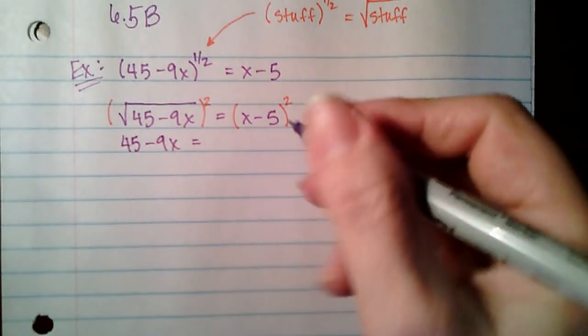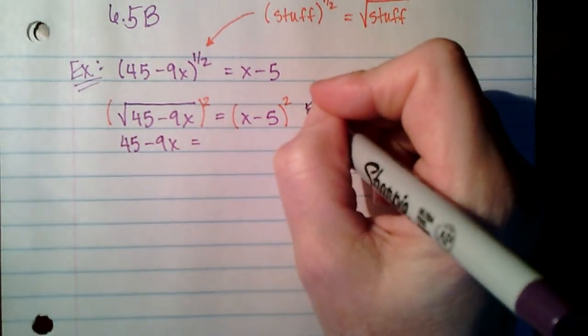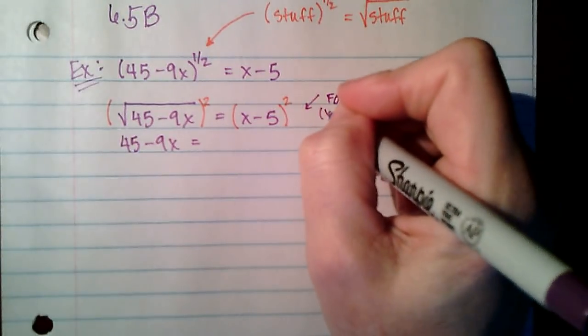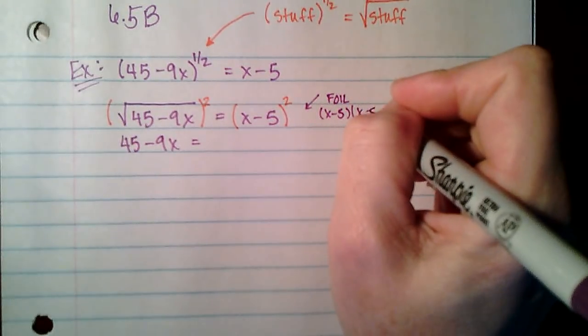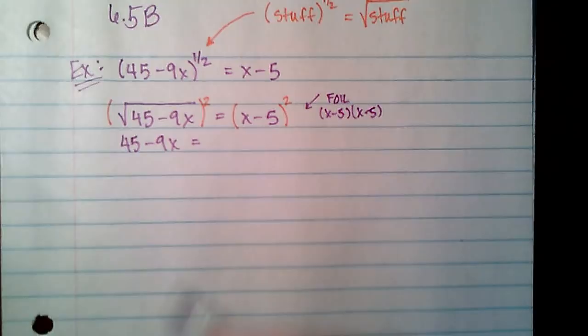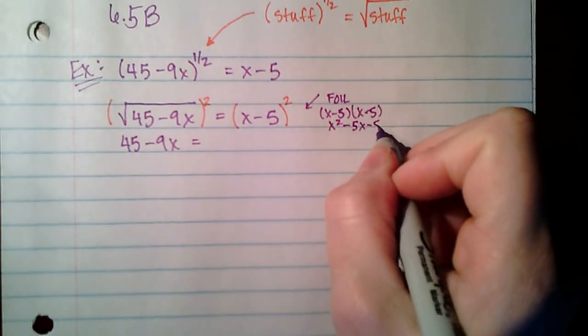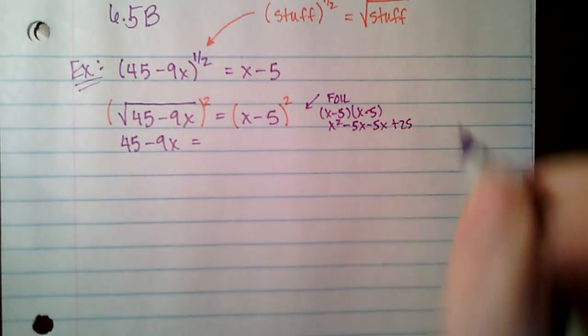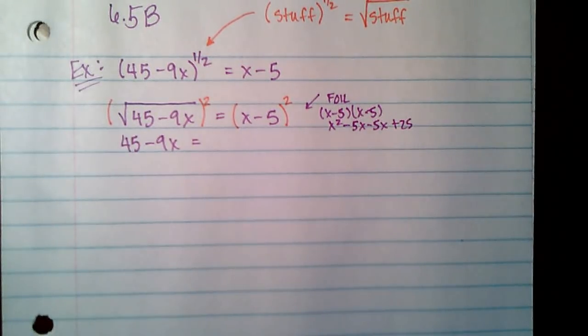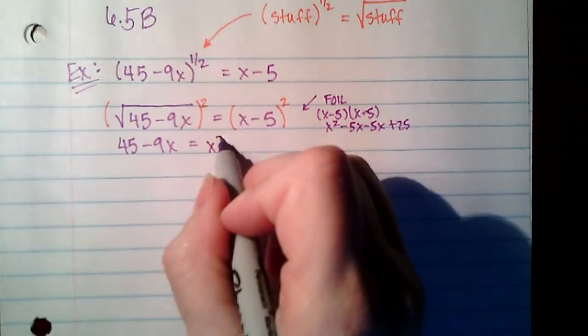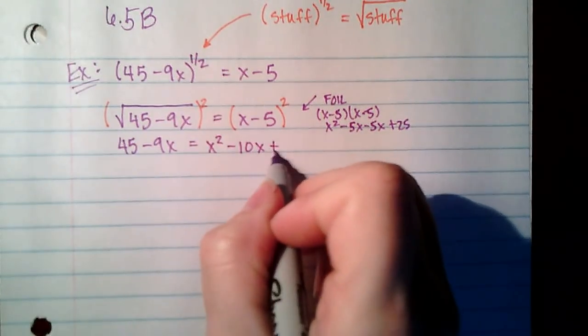And on the right-hand side, I am going to have to FOIL. x minus 5 times x minus 5, which will be x squared minus 5x minus 5x plus 25. So that gives me x squared minus 10x plus 25.